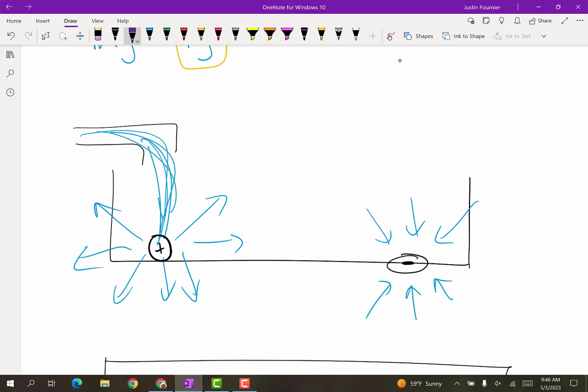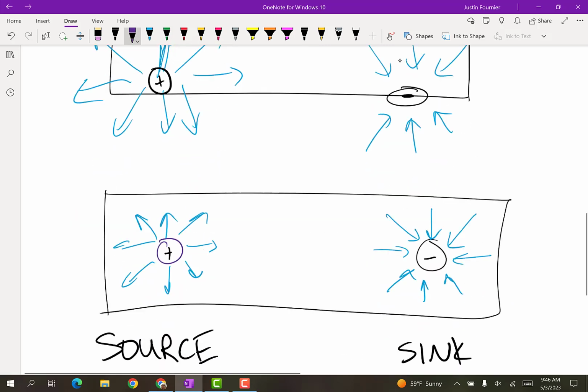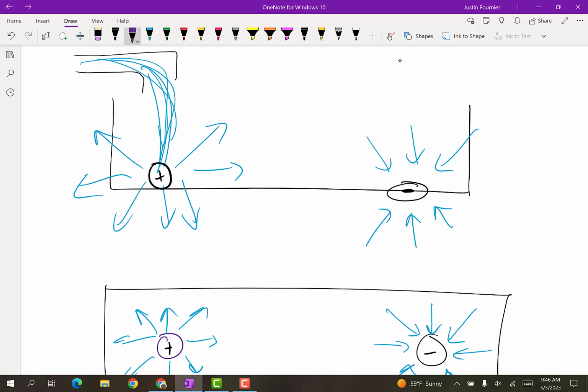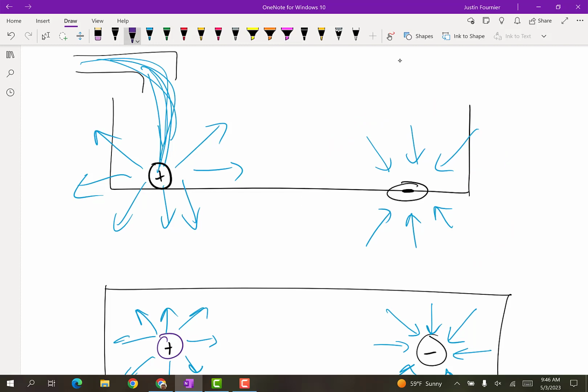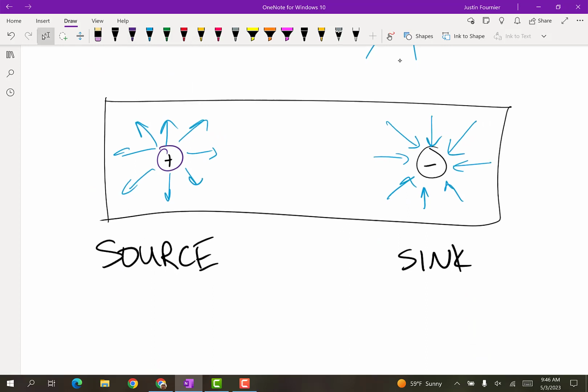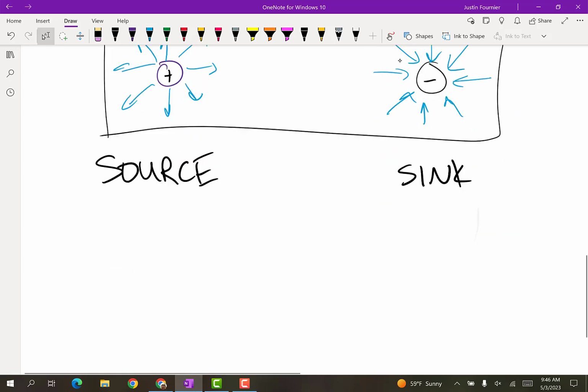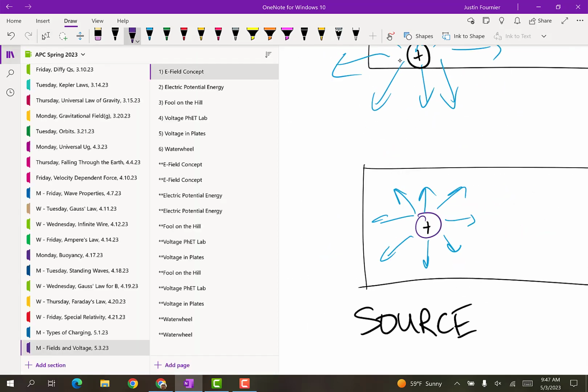If you were looking down at a sink, the water would come in from the faucet, hit the sink, and then spread out. And at the drain, the funnel part of the sink, all the water would flow inward toward it. So if you looked down directly, you would see the water spreading out from the source, the faucet, and from the sink part you'd have the water going in. That's the idea, like a positive and a negative charge. That just helped me better visualize it.